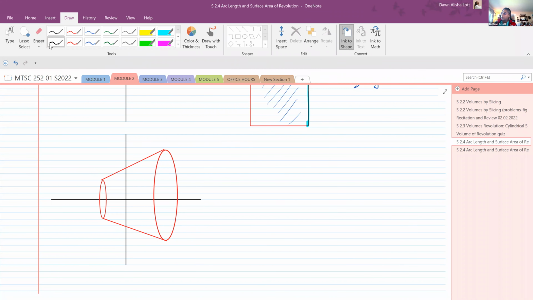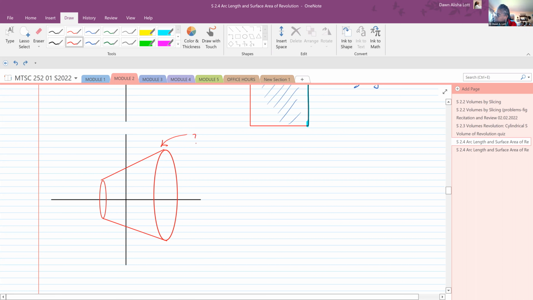Now, we already know how to find the length of this curve. Whatever this curve is, if this curve right here is y equal to some function of x, then I know the length of it.